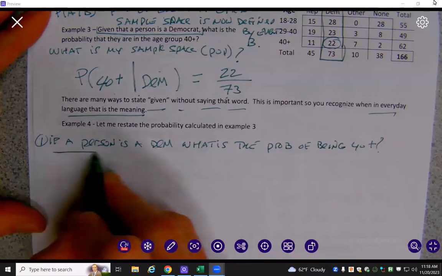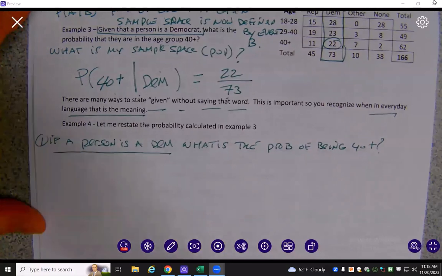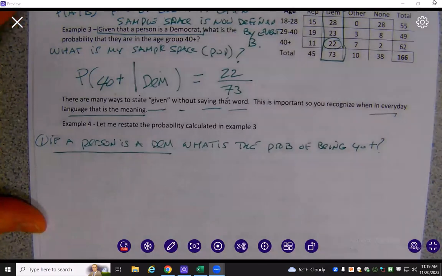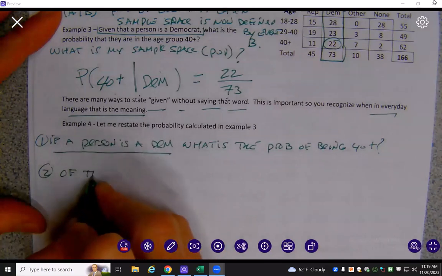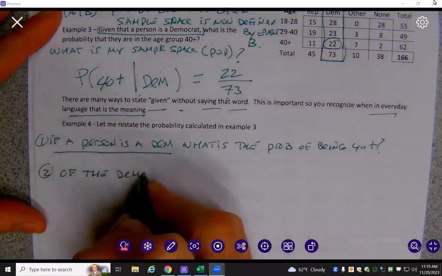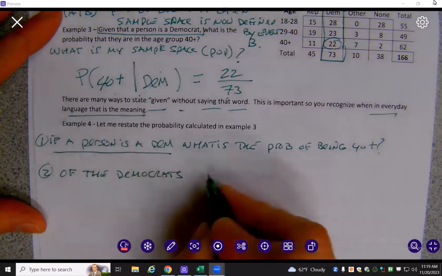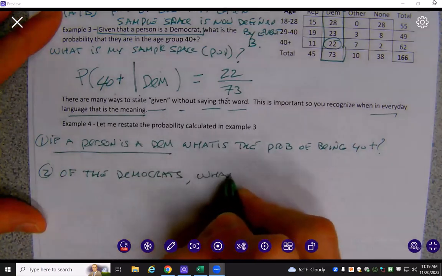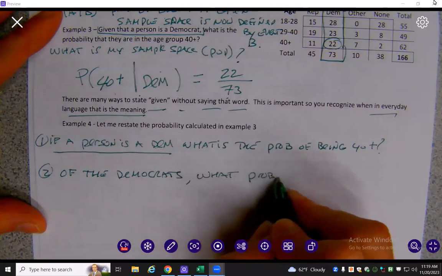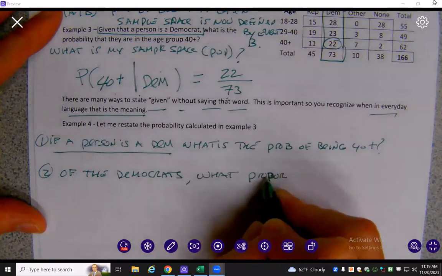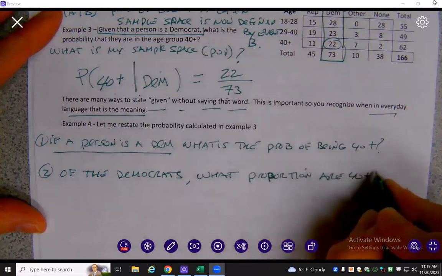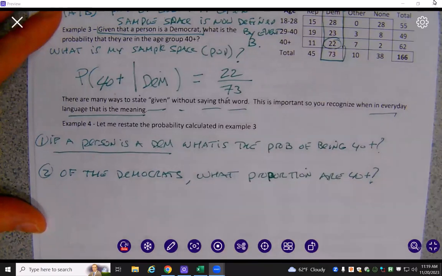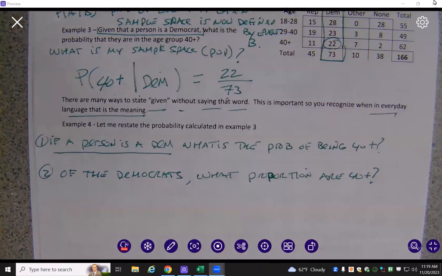So that is exactly this question right here. If a person is a Democrat, meaning assume they are, it's no longer in question that they're a Democrat, just pretend like they are. So now that that's out of the way, we know we're only talking about Democrats. Here's another one that you see a lot of. Of the Democrats... Notice this question doesn't even have the word probability in it, but this is how it would be stated in plain English.